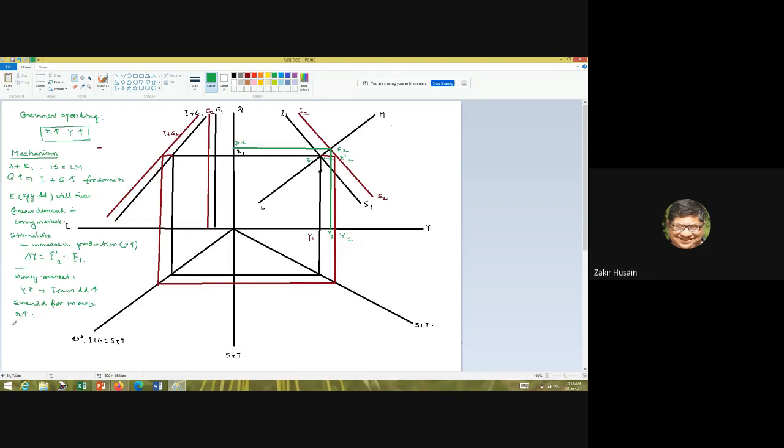Okay. Now, when the rate of interest increases, private investment will decrease. So del Y will fall. So from E prime 2, you will come back to E2. So Y will fall from E prime 2 to E2.